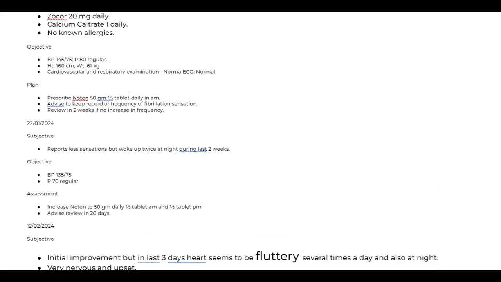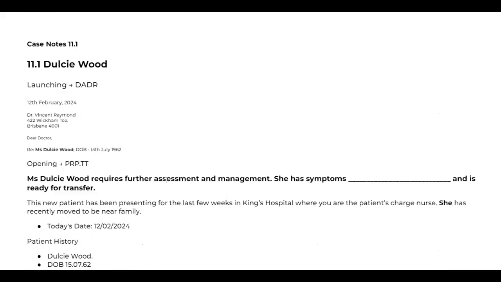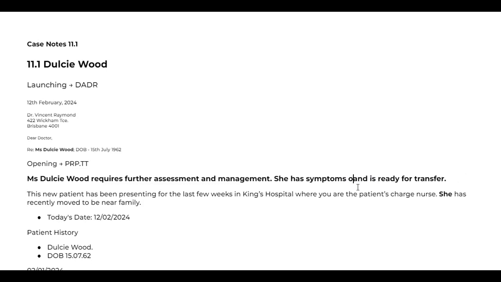But you can say some cardiac complication will be another one. So this is your own intelligence. You have to be smart and you have to write what is this. Cardiovascular respiratory examination was normal on that day, but later on, cardiovascular things were there. So what are we going to write there? So here she has symptoms of cardiovascular problem. Cardio.